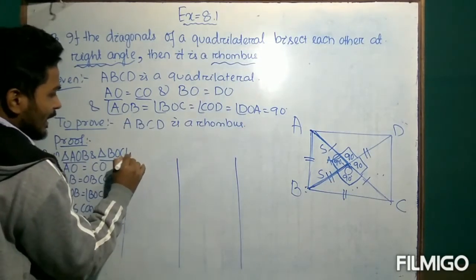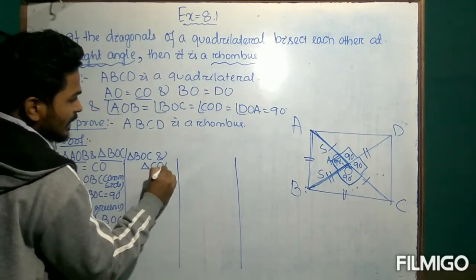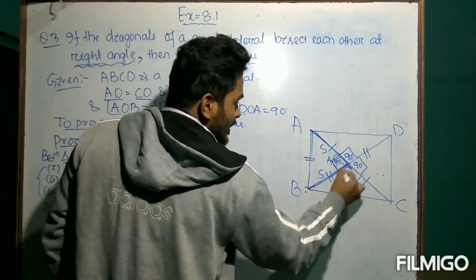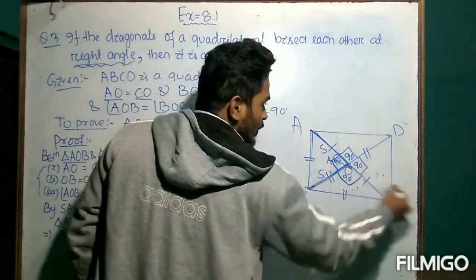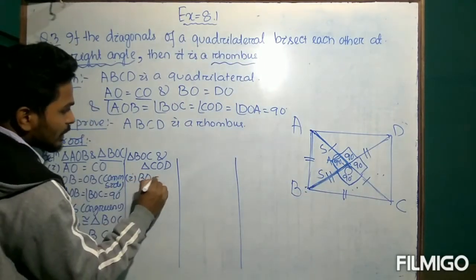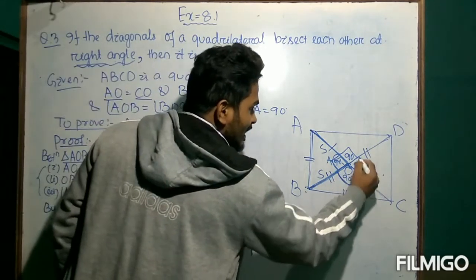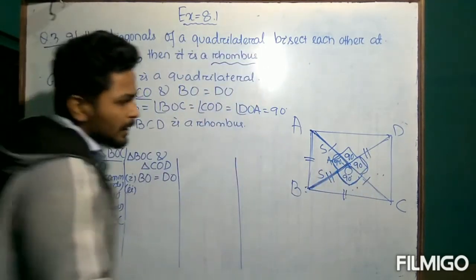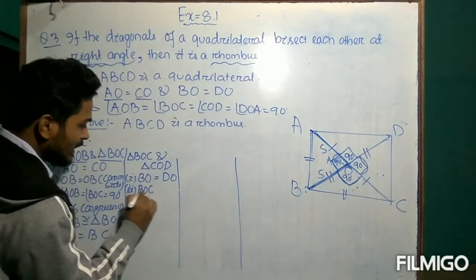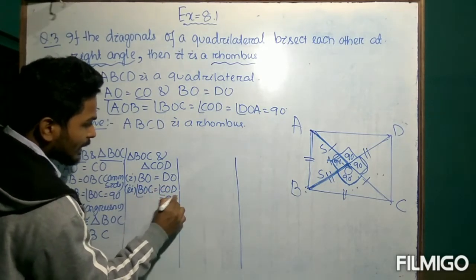Between triangle BOC and triangle COD, first condition: for triangle BOC, this side is equal to this side of triangle COD, because BO is equal to DO. Second condition: this angle is 90 degrees, and here this angle is also 90 degrees, so angle BOC is equal to angle COD, equal to 90 degrees.